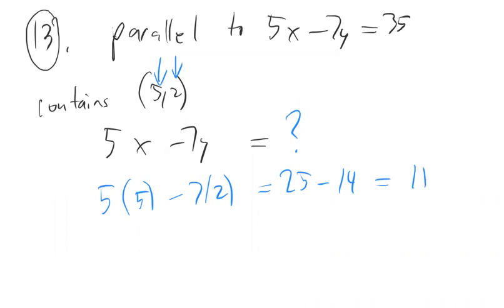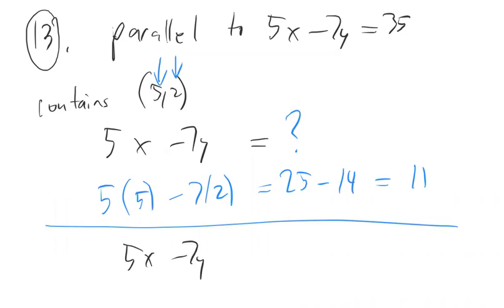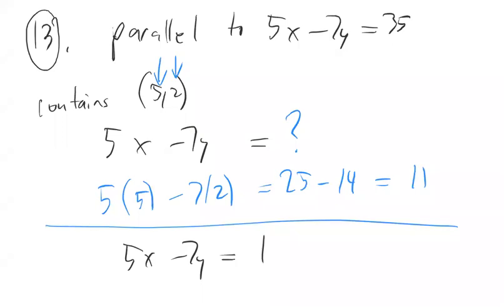Now you can't just write 11 for the answer, because you're supposed to write the equation. The equation still says 5x minus 7y, but the number on the other side that we did not know before, we now know it's 11. So the answer is 5x minus 7y equals 11.